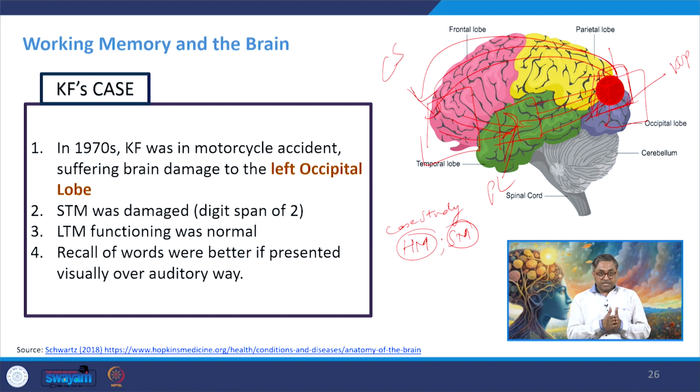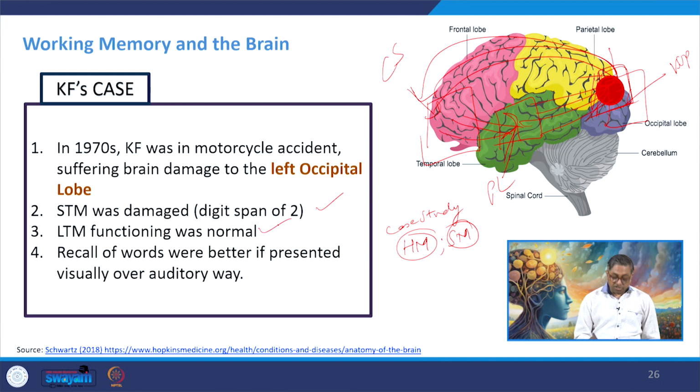This requires an integration of visual working memory along with auditory working memory. What we realized is that his short-term memory got damaged. As a result, the working memory was incapable of providing the visual working memory capacity. Visual working memory capacity and capability got compromised, and as a result only auditory working memory was there.